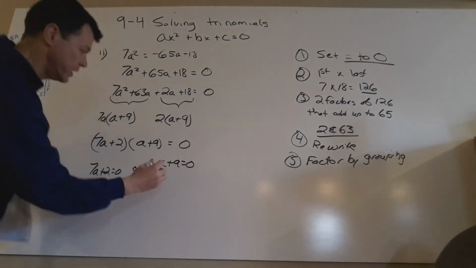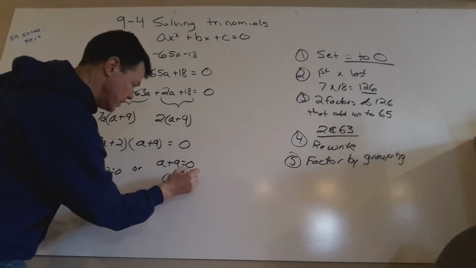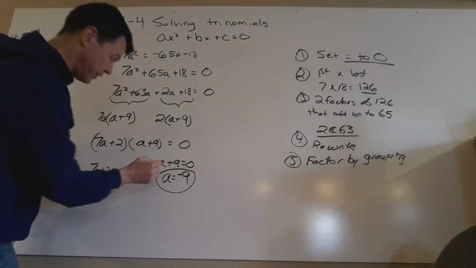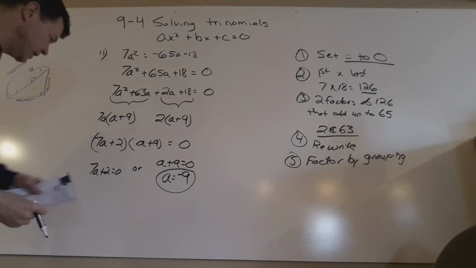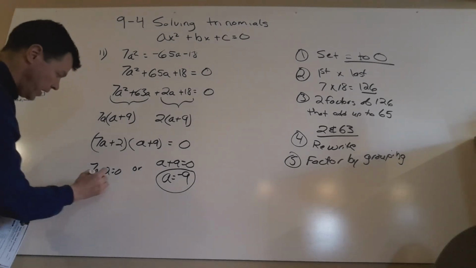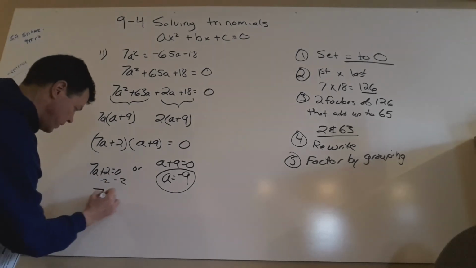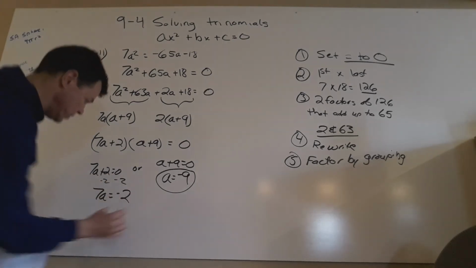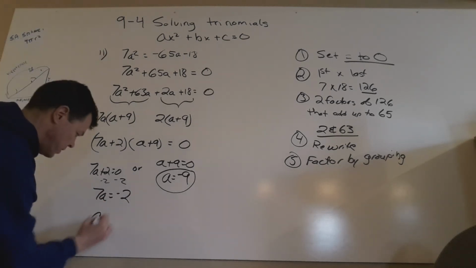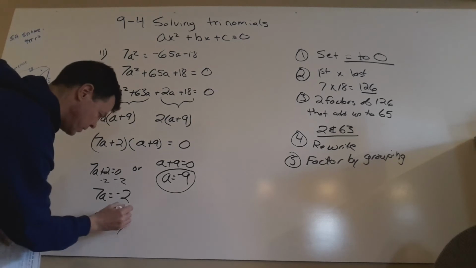If a plus 9 equals 0, this is an easy one to solve. a equals negative 9. Negative 9 plus 9 is 0. On this side, it's almost as easy. Subtract 2, so 7a equals negative 2. Divide by 7, a equals negative 2/7.